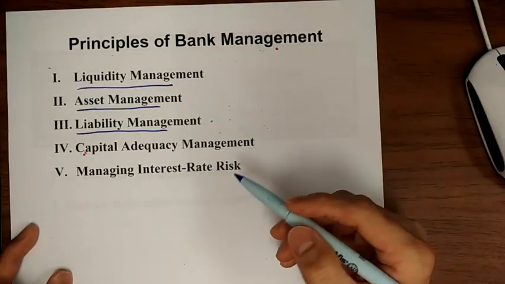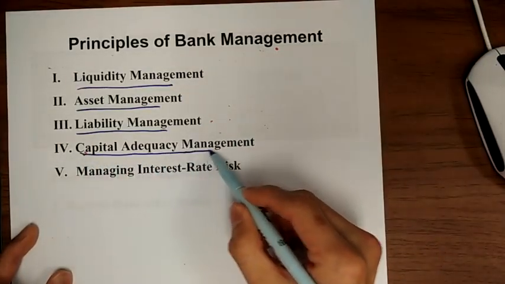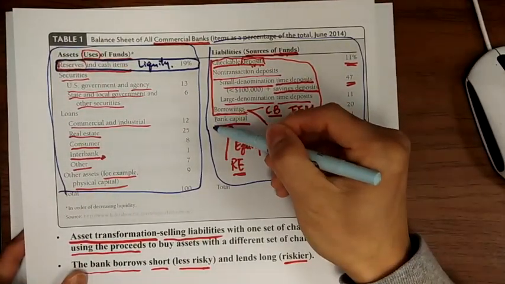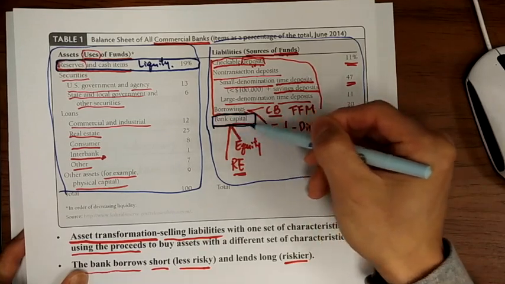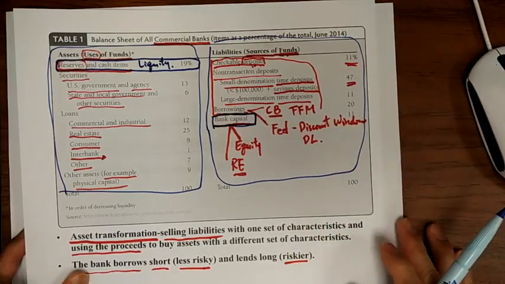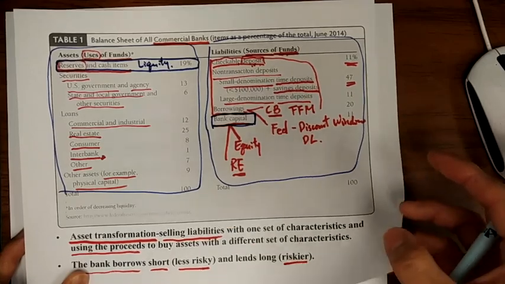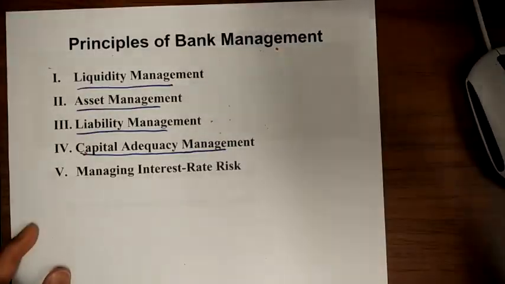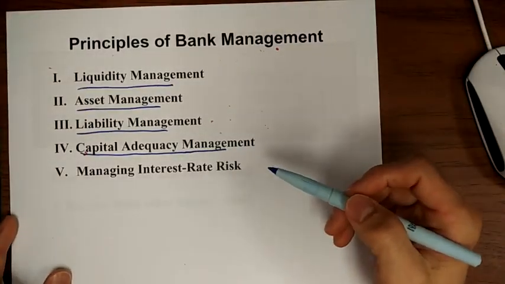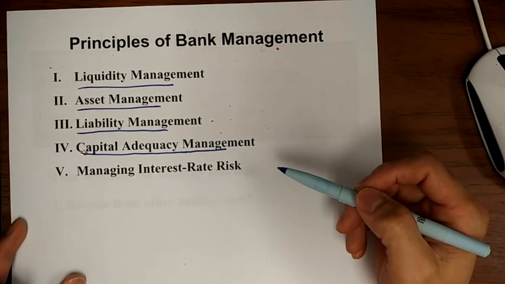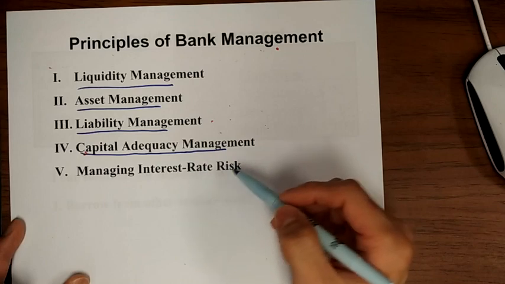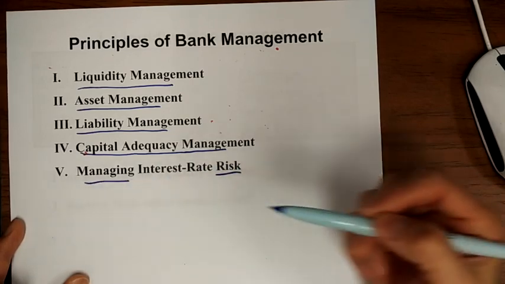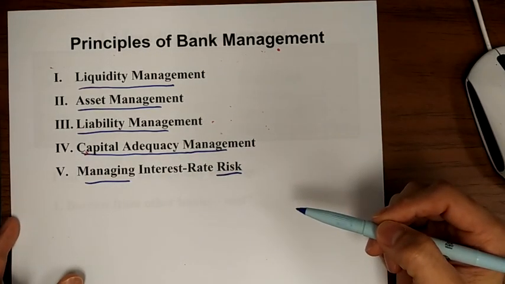You can also work as a capital adequacy manager. That is, you will be in charge of this part of the bank balance sheets. Finally, if you want to get a high salary in a commercial bank, then you want to be a risk manager in the bank.